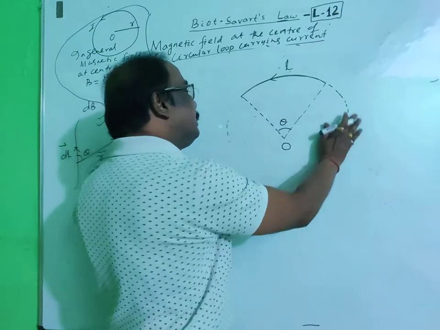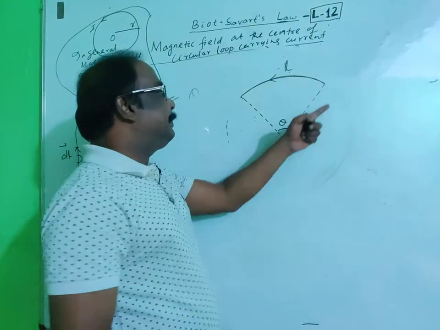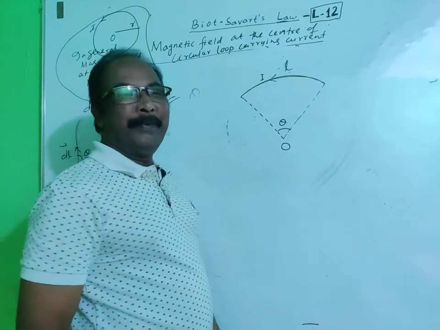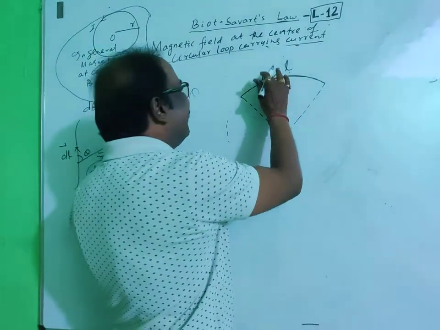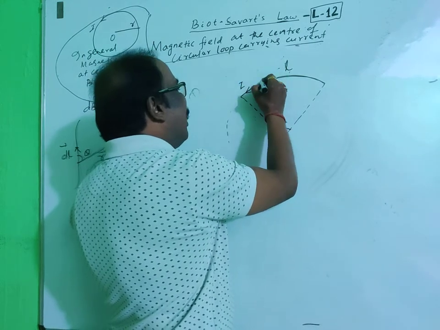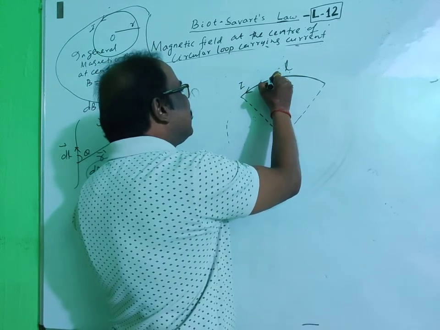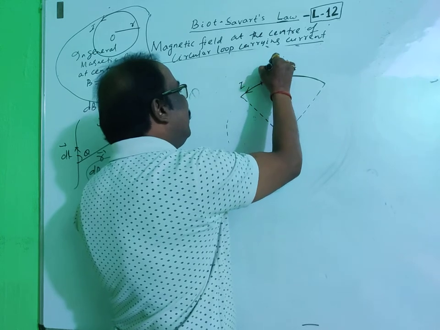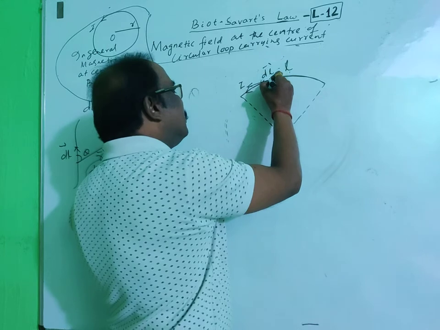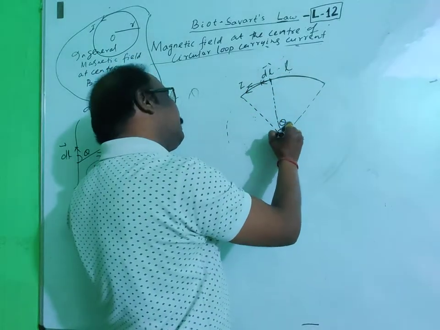So what is magnetic field due to this arc carrying current I? Total length is L. So if we take current is I, at any point we may consider an elemental length dl along the direction of current. This is direction of dl joined to center.